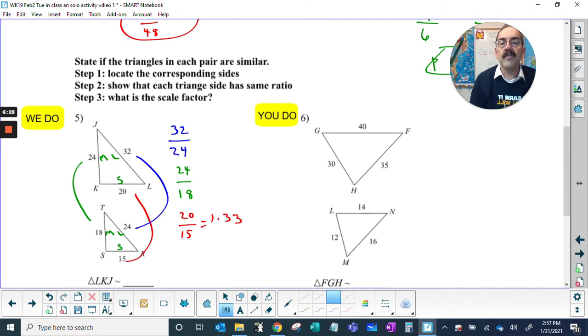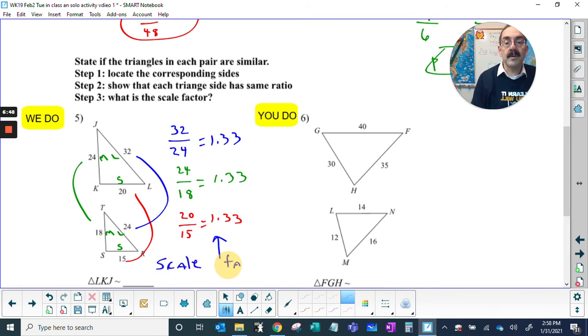And 24 divided by 18, 1.33. And 32 to 24, 1.33. This is known as the scale factor.